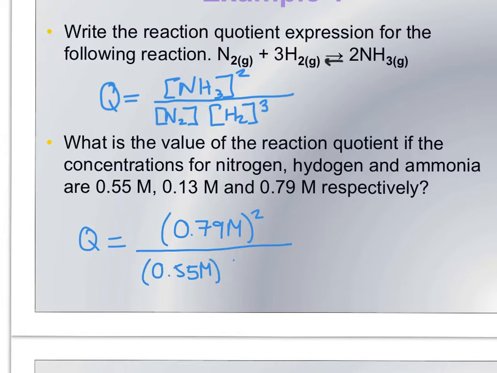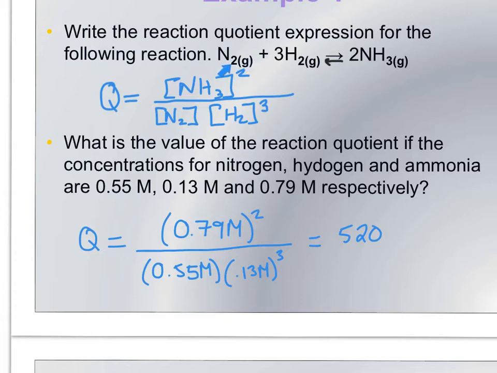That's just raised to the first power, times the concentration of the hydrogen, which is 0.13 molar, and this is raised to the third power. So you punch this into your calculator, you get 516.5, which rounds to 520 with sig figs.